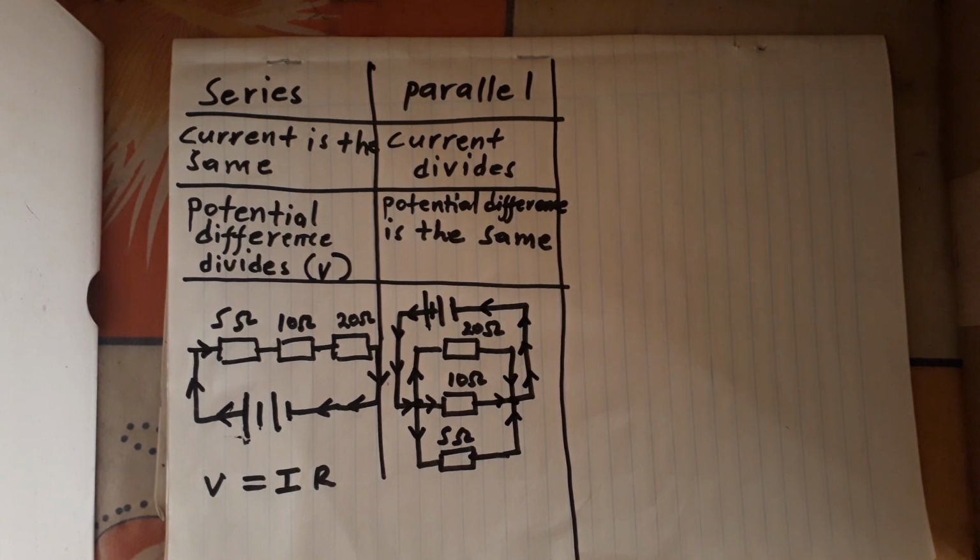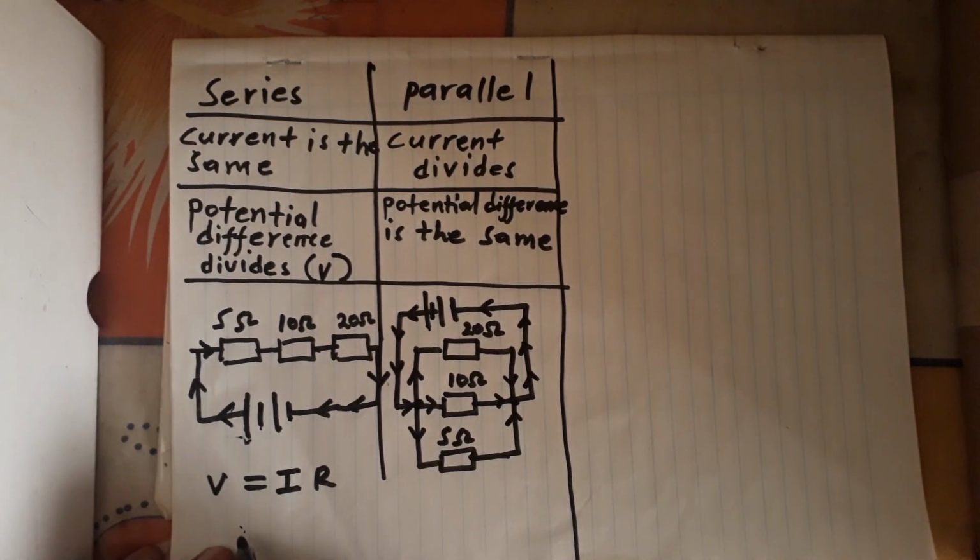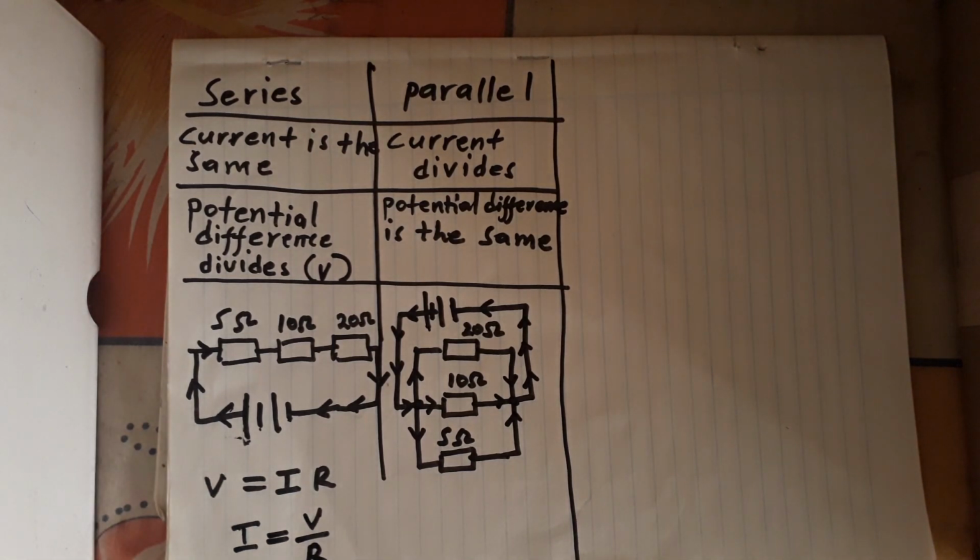So what you must know is that the relationship between current and resistance is inversely proportional. If we make current the subject of the formula, we divide both sides by R, and we get I equals V divided by R. This represents that the two are inversely proportional.